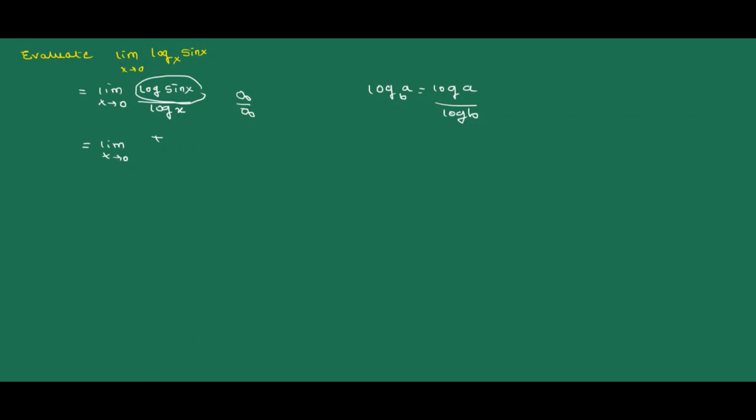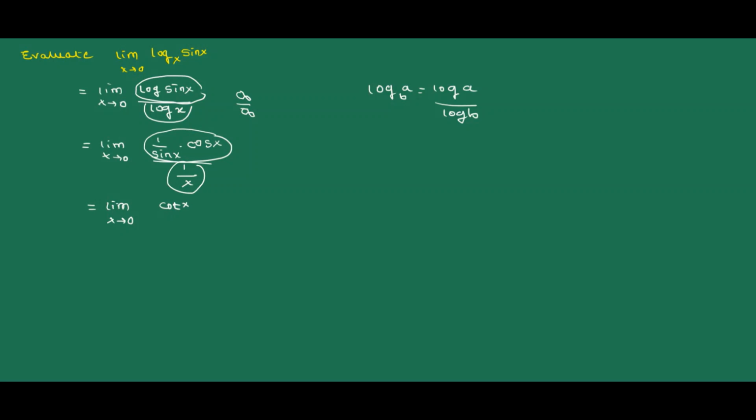Differentiation of log sin x is 1 divided by sin x into differentiation of sin x is cos x divided by differentiation of denominator log x is 1 divided by x. So this is equal to limit x tends to 0. This is cos x divided by sin x, and cos x by sin x is cot x.